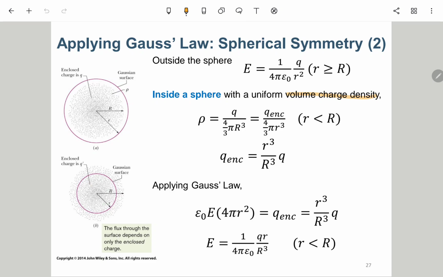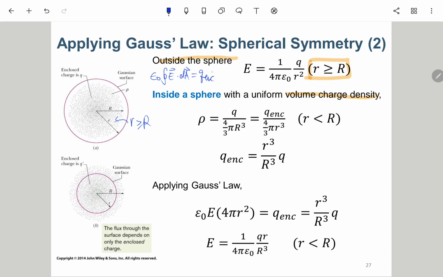For the first case, outside the sphere, which means that we assume r is larger than capital R, where capital R is the radius of the charged sphere. We have a Gaussian surface with a radius small r, larger than or equal to capital R. Applying the Gauss law, epsilon naught integration of E dot dA equals Q enclosed.